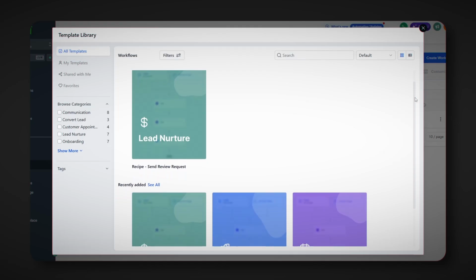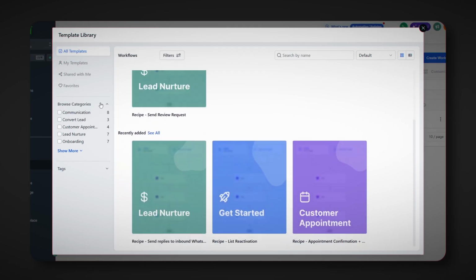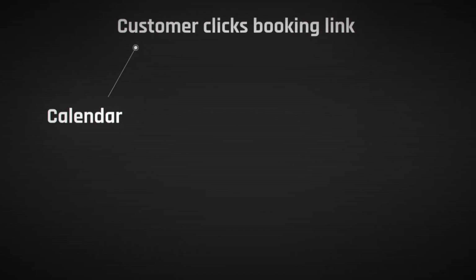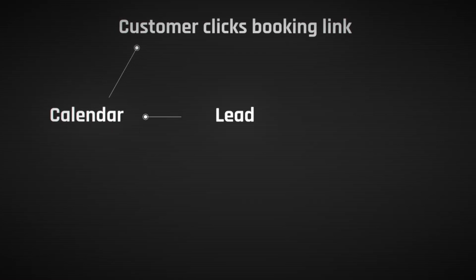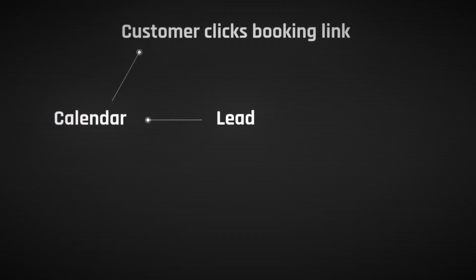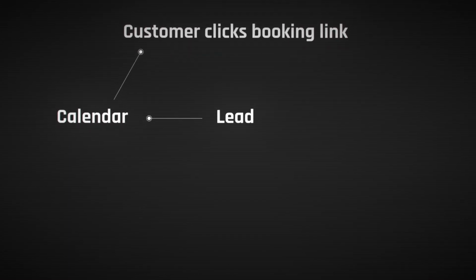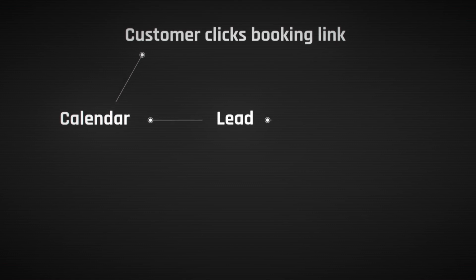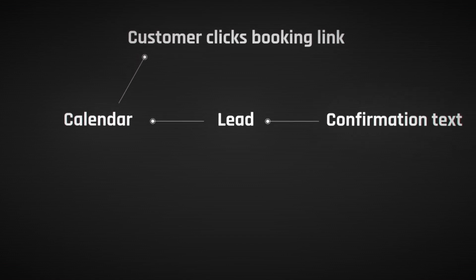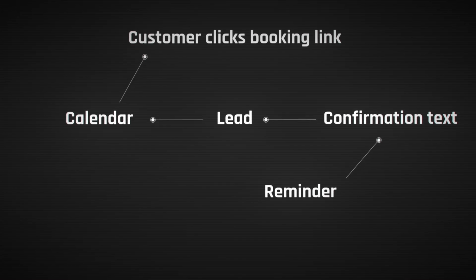And it's a golden opportunity to use HighLevel, because what you might do is create a simple workflow like this. The customer clicks the booking link to your calendar, they choose a time on the calendar, and the information gets stored in the CRM with the lead, and they automatically receive a confirmation text and email, and they get sent a simple reminder before the haircut.